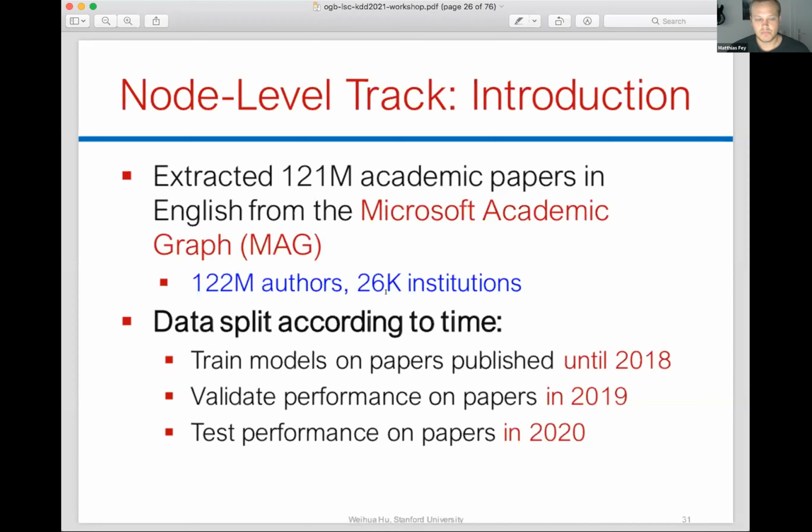In particular, we train our models on papers published until the year 2018, use the 2019 papers to validate the performance of the model, and then use the papers in 2020 for testing the final performance. Those papers in 2020 were actually hidden from the user, so that they can only make use of the validation set to validate model performance.